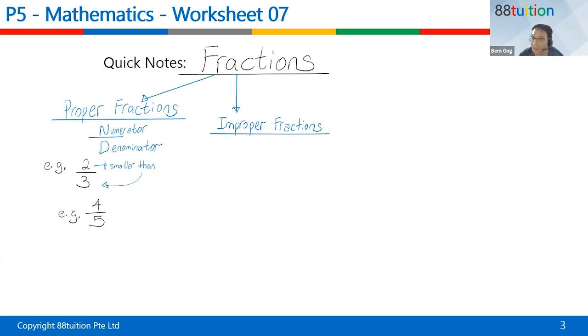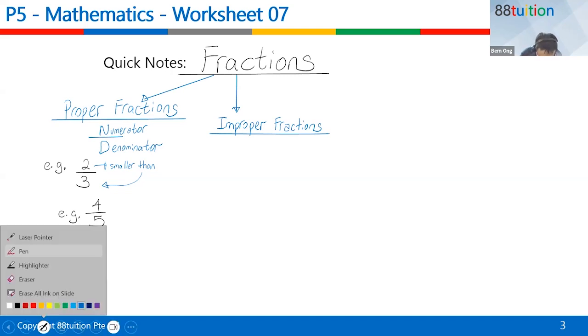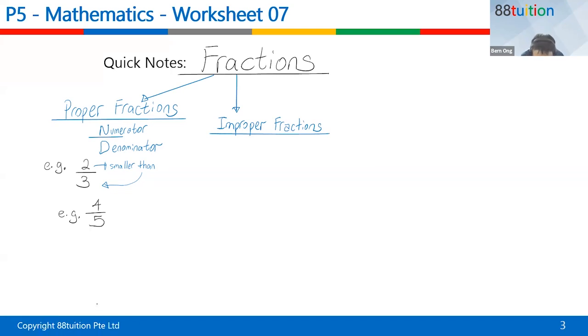What is weird about it is the opposite: now the denominator is smaller than the numerator. That's the reason why it's called an improper fraction.